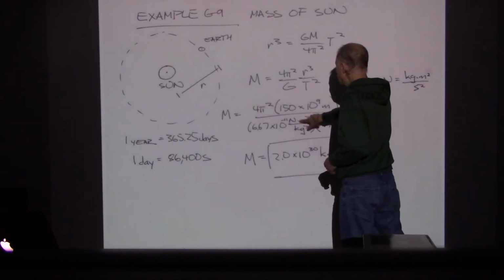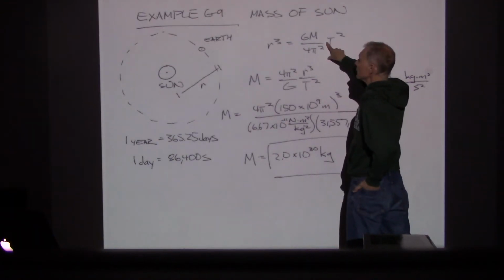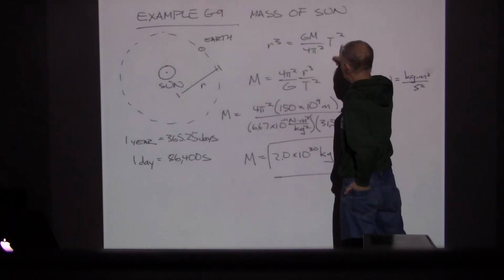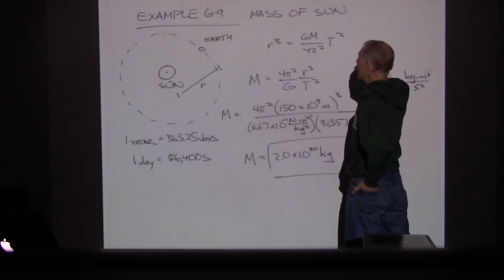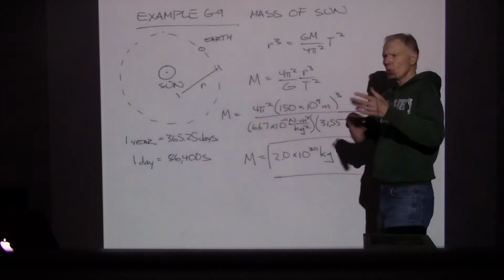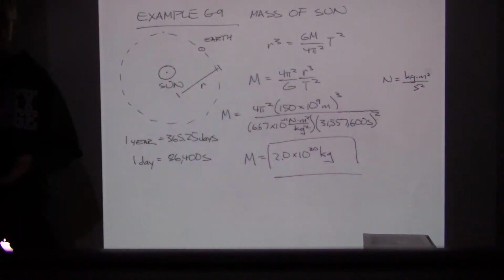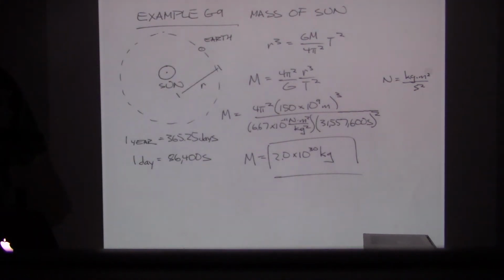This is big G. This is r to the third power. And what we've done here is we've taken this general formula that we have derived for circular orbits and solved it for m. So this time, we keep moving this equation around and solving for the missing piece. This time the missing piece was the mass of the Sun.